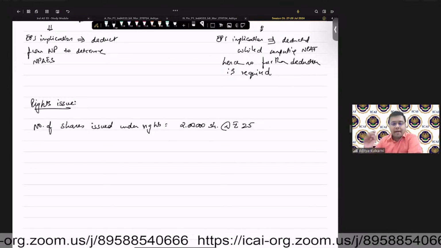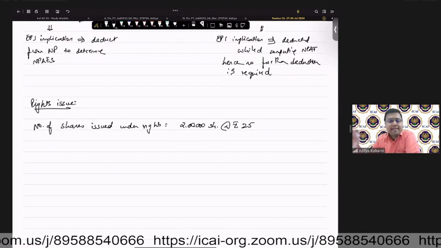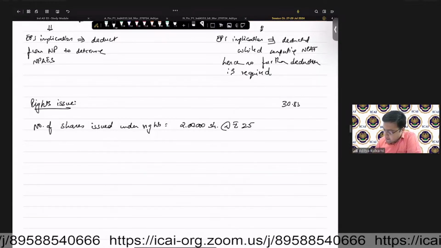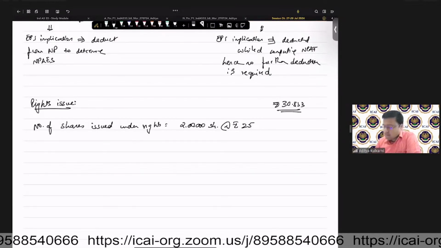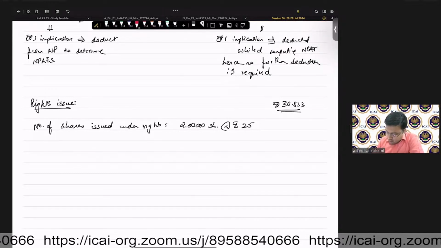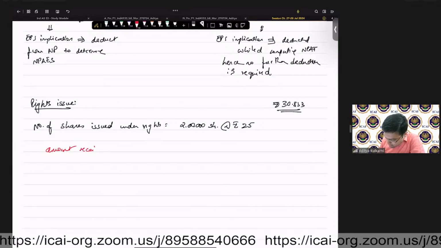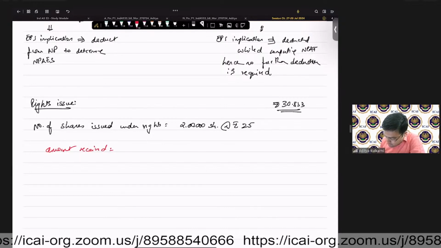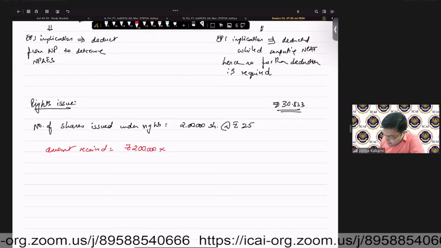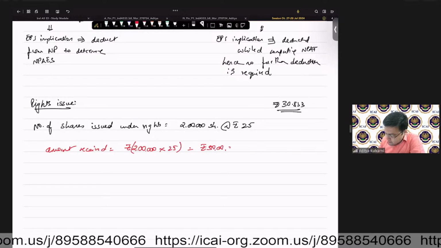Okay. But what is the fair value? What is the ex-rights value that we determined? That is 30.833, if you recollect. So now the amount received is 2 lakh into 25, which gives you 50 lakhs.